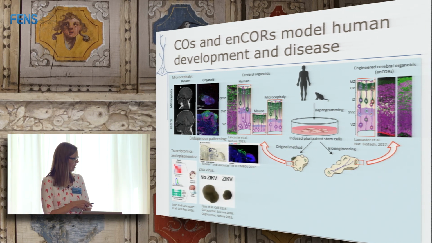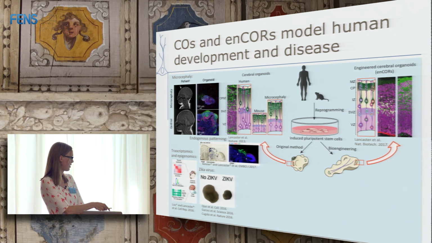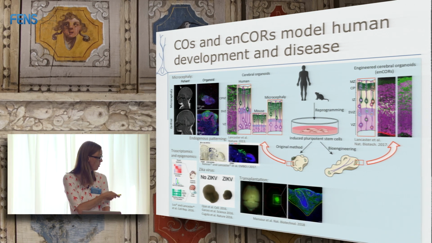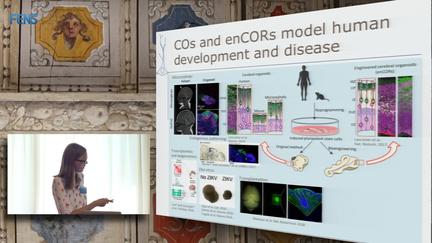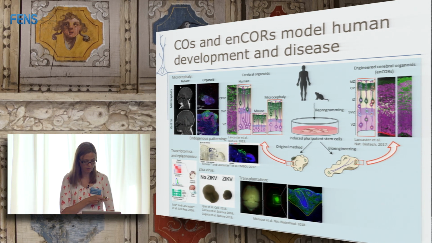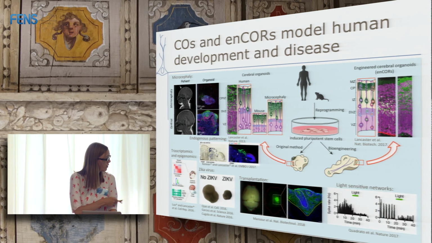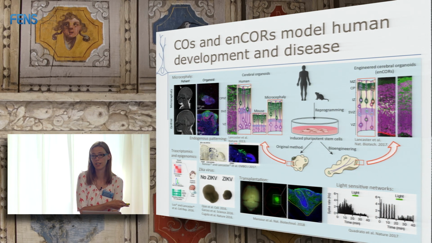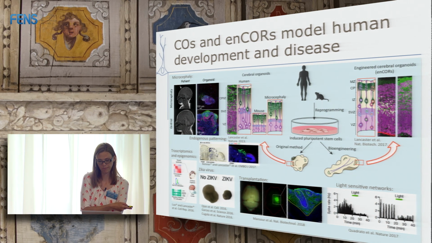Others have used it to look at things like Zika virus. This list is very short. It really goes on. And now, very recently, hopefully some of you have seen the transplantation study that was done in Rusty Gage's lab. And of course, these light-sensitive neurons that were detected in Paola Arlotta's paper.